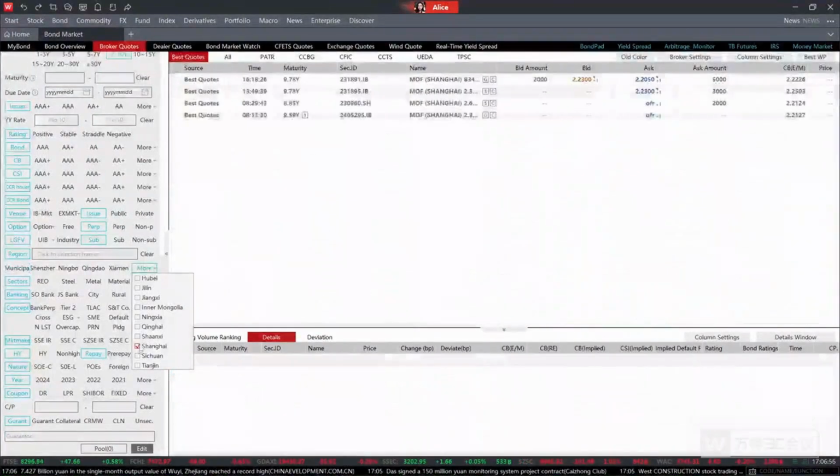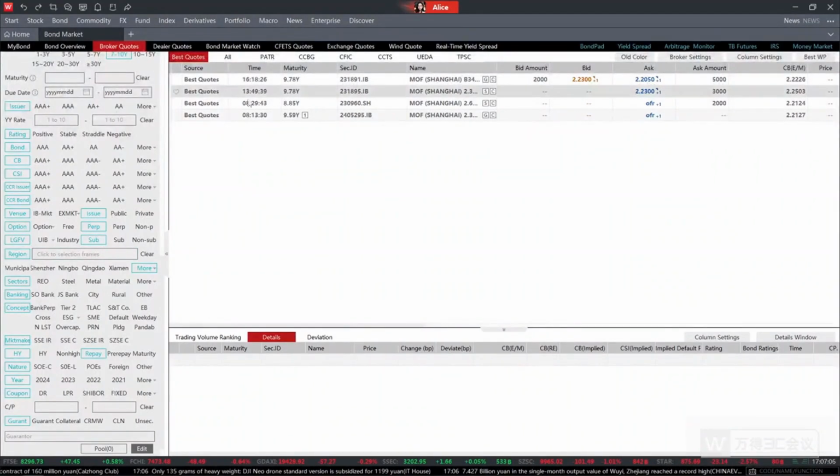Then on the right hand side, there are only 4 bonds belonging to the interest rate bond, with a time range from 7 to 10 years, issued by the Shanghai government. Then we can find them over here. So with such a filter on the left hand side, it is really easy for you to narrow down the bonds that you may trade.